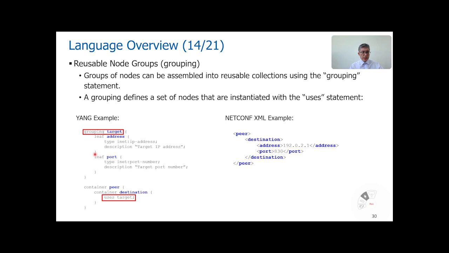Just using this, for example, for source we can make a container source, and the container source does something like that, and they use the same target grouping. You see it. So the peer and the destination, this destination variable in XML, and then here address and port we can reuse, using grouping.